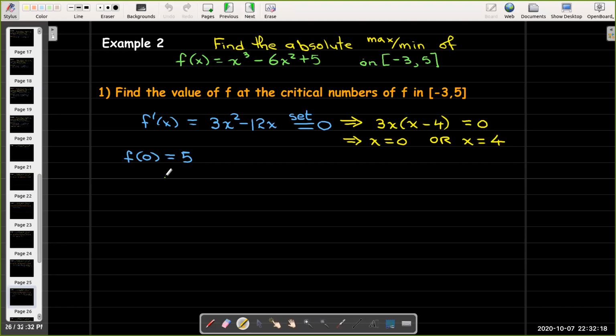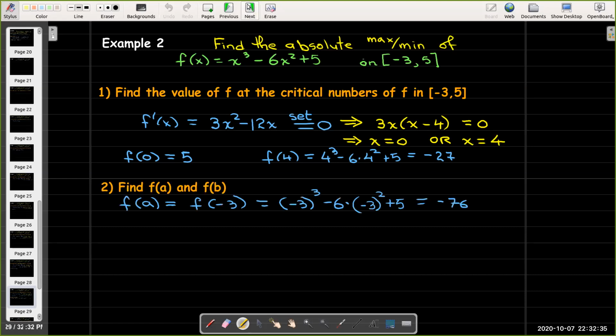So the function value at 0 is going to be +5, and the function value at 4 is going to be -27. So in step 2, we'll find the function value at the endpoints. At the left endpoint, f of -3 is -76.